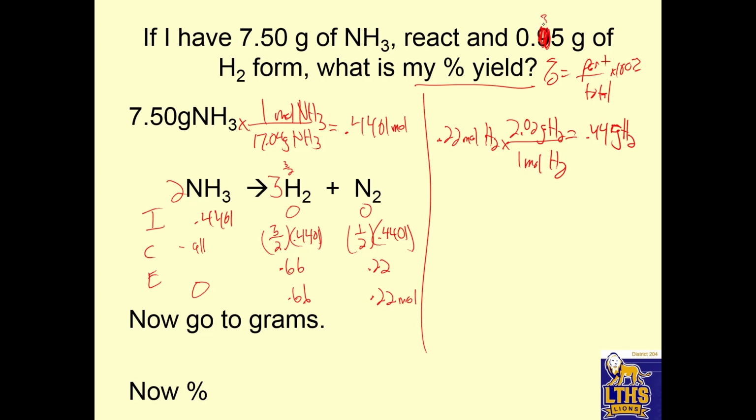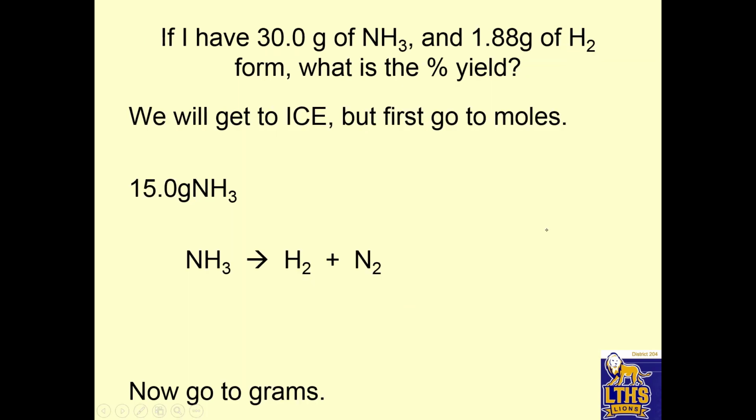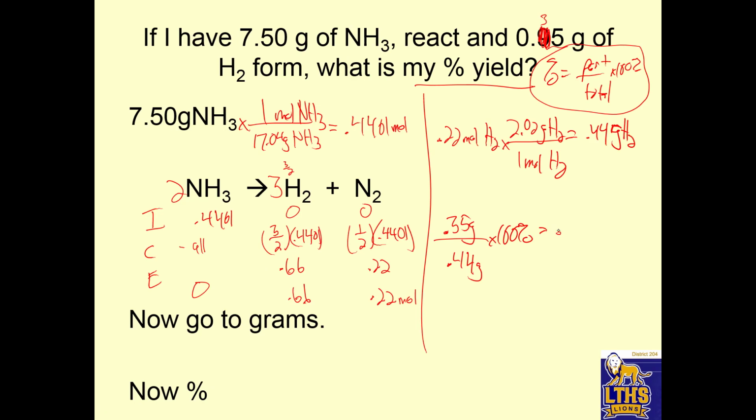I'm going to change this to 0.35 grams form. Okay, oopsie. All right, so when I do this, remember percent is part over total, the part that I got was 0.35 grams. That's part. Total I should have gotten was 0.44 times 100%. So 0.35 divided by that answer is 0.788, or 78.8%. Whoops, guess I didn't do the percentage on there. This is my answer. Okay.